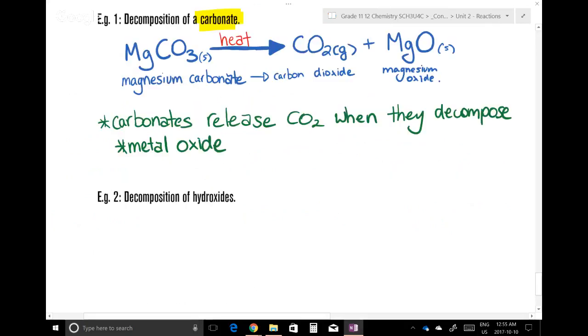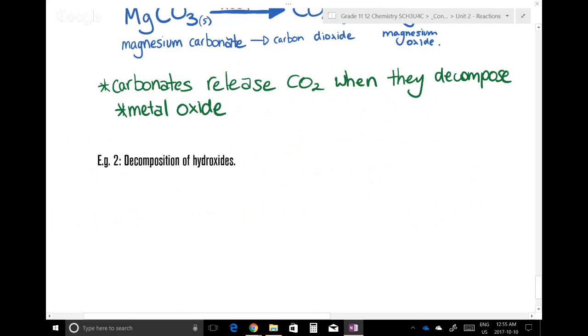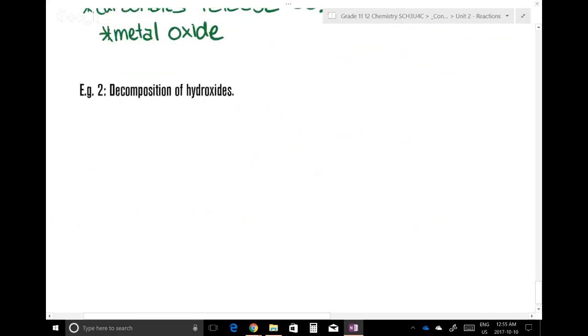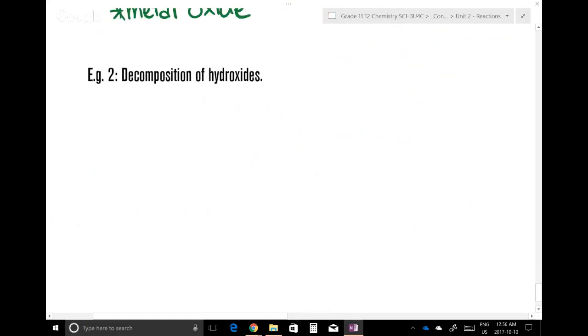And the last specific example we're going to do today, and again, we'll see if you can figure it out, is what happens when you get a hydroxide. I wish I could interactively say, pick a random hydroxide, but I can't. We've done magnesium, we've done lithium, they're kind of boring, and I want to stay away from the multivalent metals for now. So let's say calcium, which takes what charge? 2+.